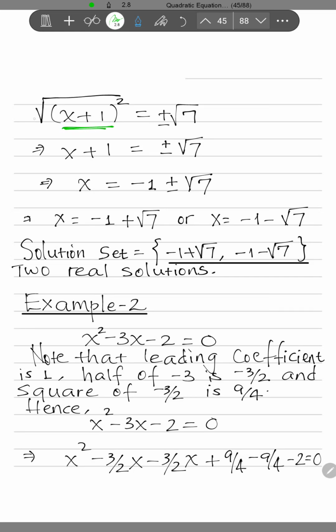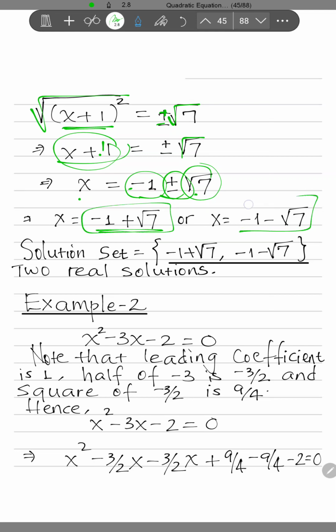The square root of x plus 1 the whole square is equal to plus or minus the square root of 7. x plus 1 is equal to plus or minus square root of 7. x is equal to minus 1 plus or minus square root of 7. Minus 1 plus square root of 7 is one part. Minus 1 minus square root of 7 is the other part.